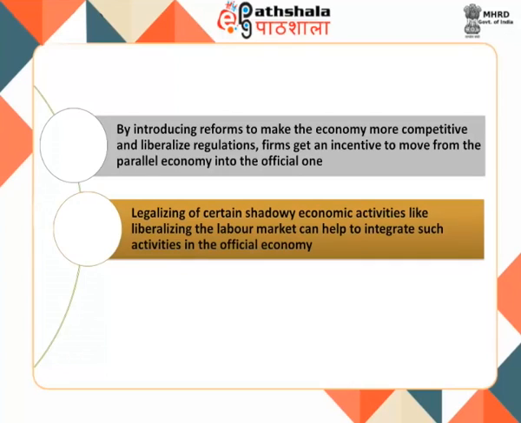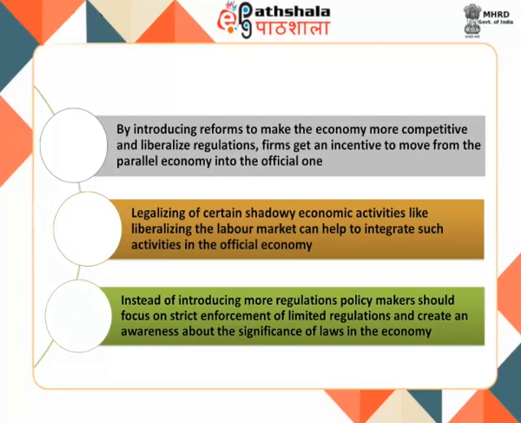Legalizing certain shadowy economic activities, like liberalizing the labor market, can help to integrate such activities in the official economy. Instead of introducing more regulations, policymakers should focus on strict enforcement of limited regulations and create an awareness about the significance of laws in the economy.